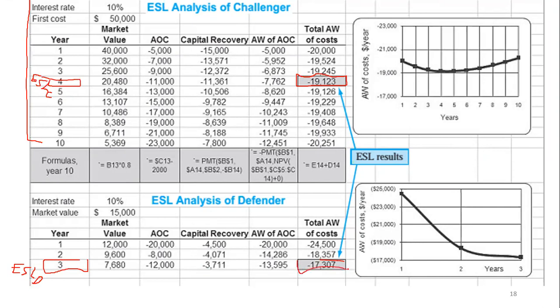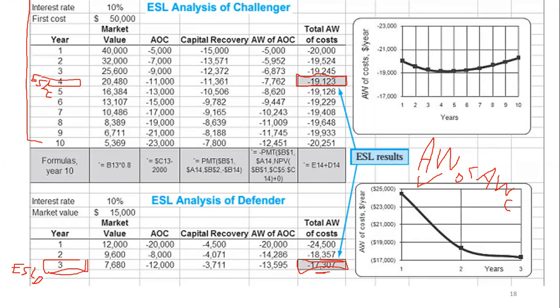While the annual cost is 17,307, the minimum annual cost of the Defender is less than the minimum annual cost for the Challenger, which means that we keep the Defender for 3 more years.